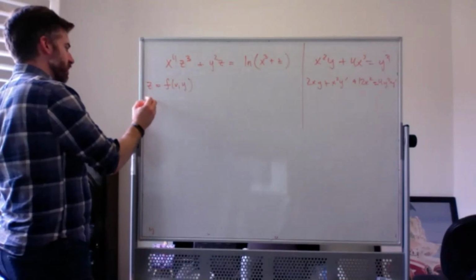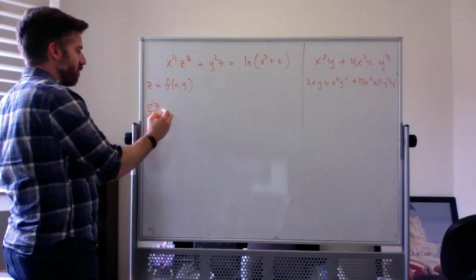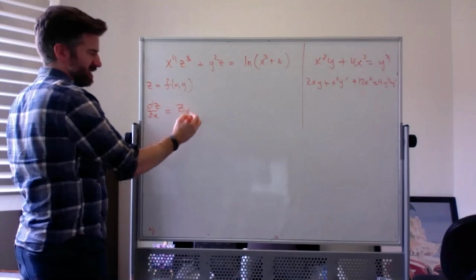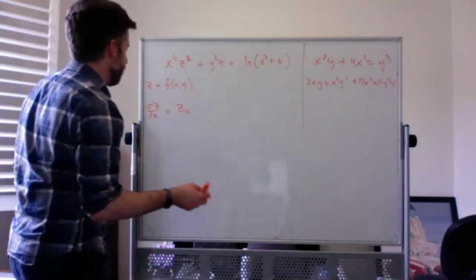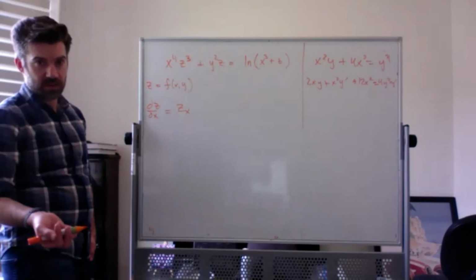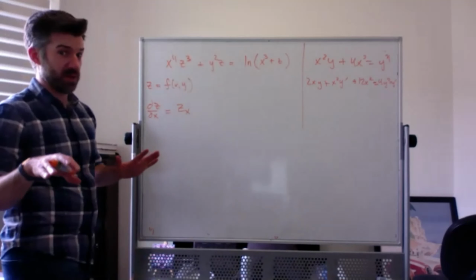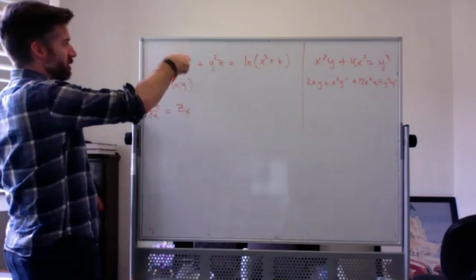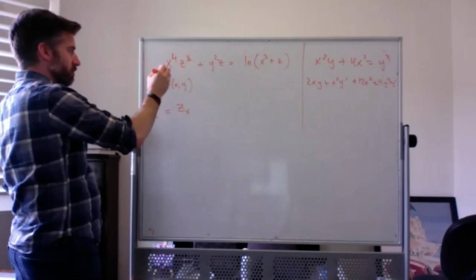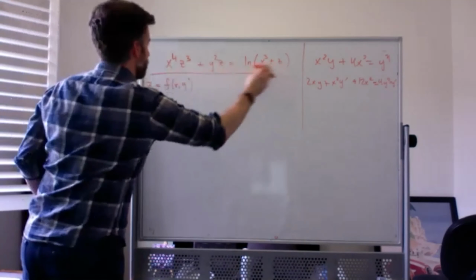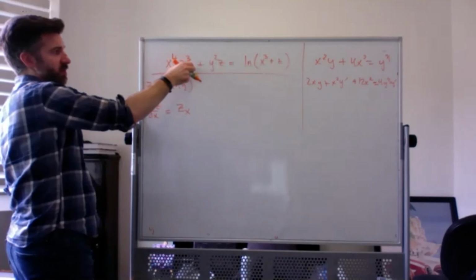So if I'm finding del z, del x, I would rather write zx because it's a little bit easier. I'm thinking that z is a function of x. Also y, but we're differentiating with respect to x. So when I differentiate this, I have to use the product rule because I've got a function of x times a function of x.